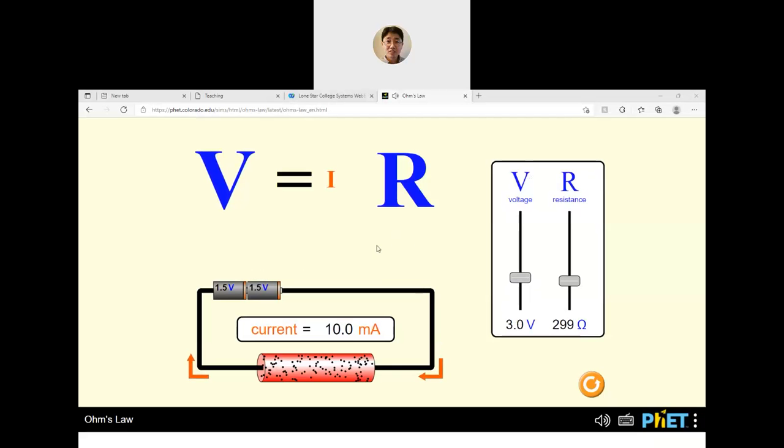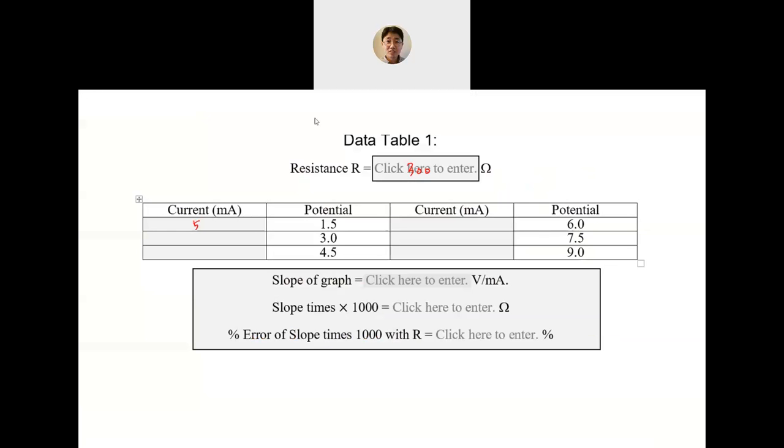We can see here, we can move to 10 milliampere. And you have to fill all the data by using this.